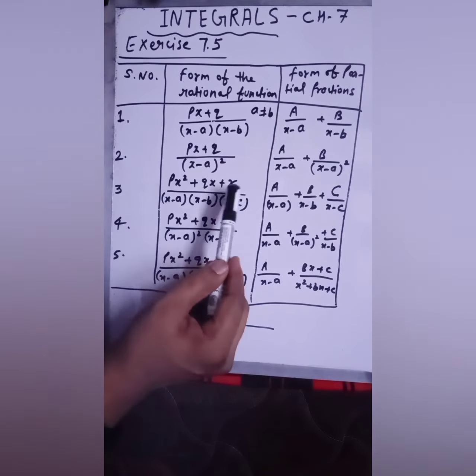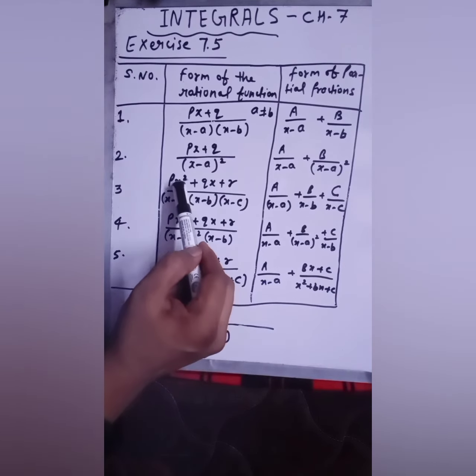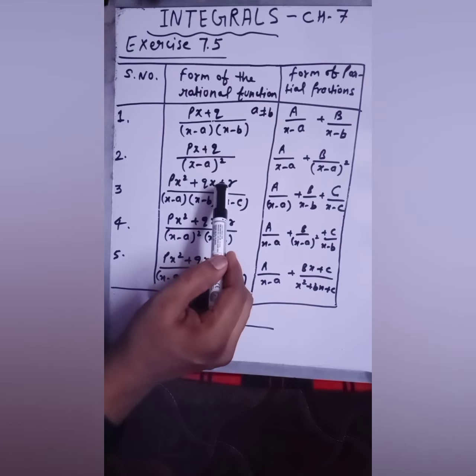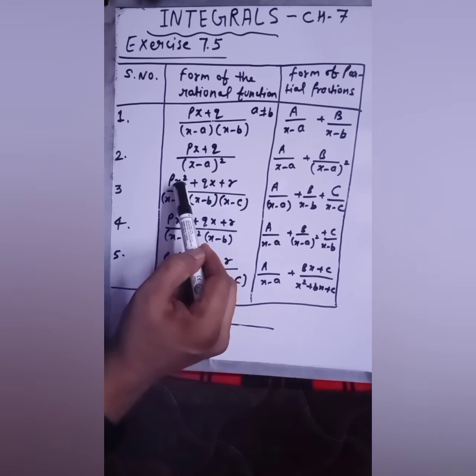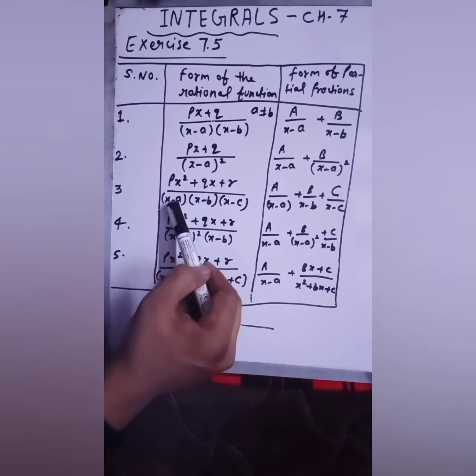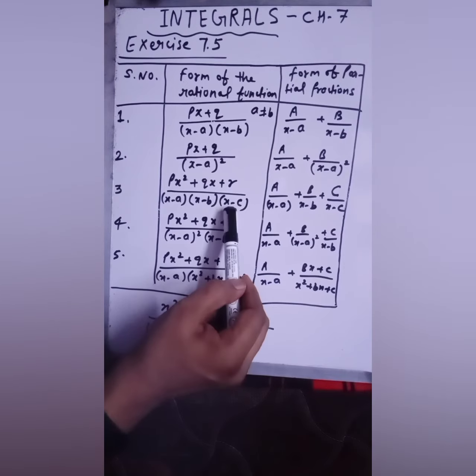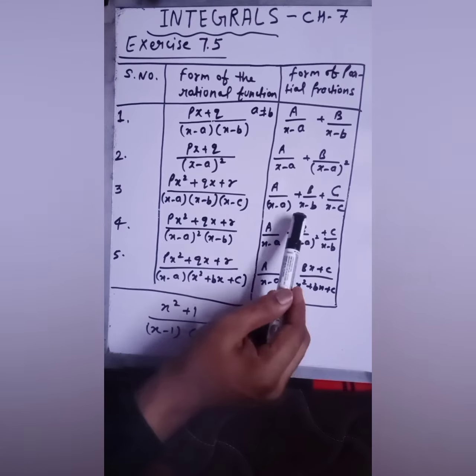In the third part, if you get any fraction here, in the numerator you are getting a quadratic equation, but in the denominator you have 3 factors, you can convert that like this.